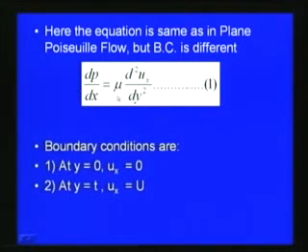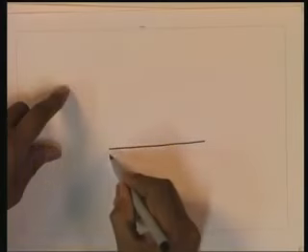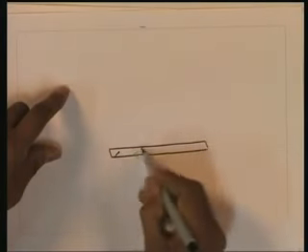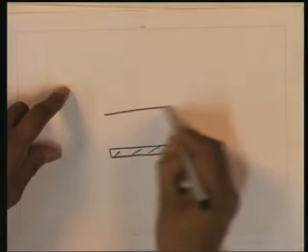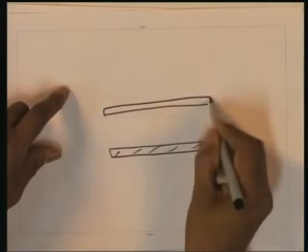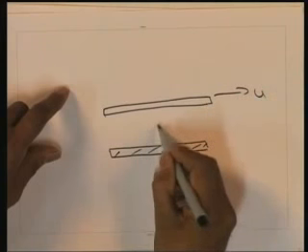Now, one plate is here and the second plate is moving with a velocity u. So, this is u and t is the distance.